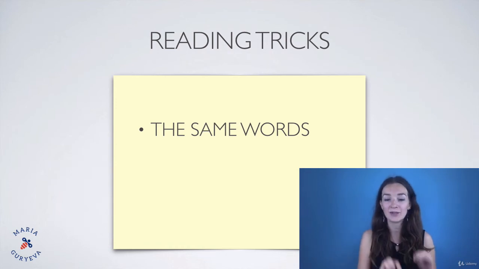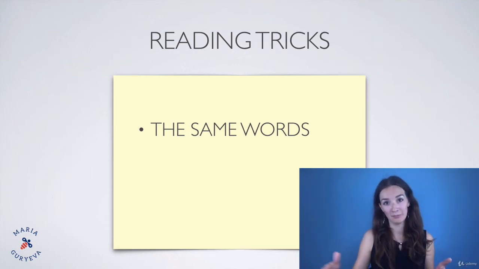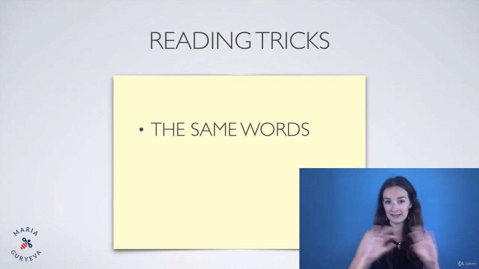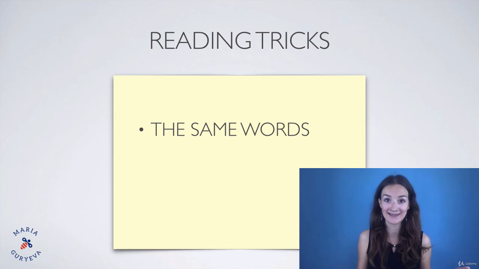So the right answer will always be very rephrased and the wrong answer will sometimes be written word by word. So if you see that some answer choice is written word by word, just like in the text, do not choose it. It's a wrong answer.